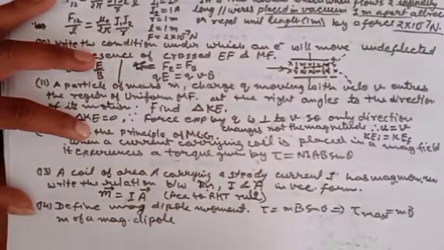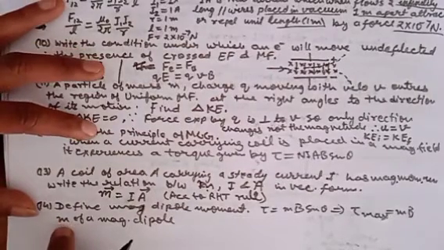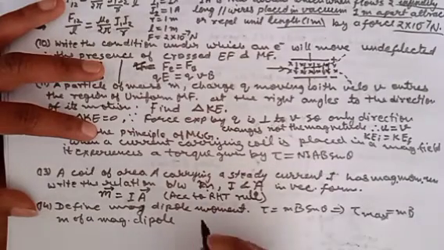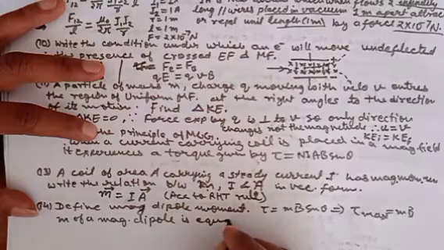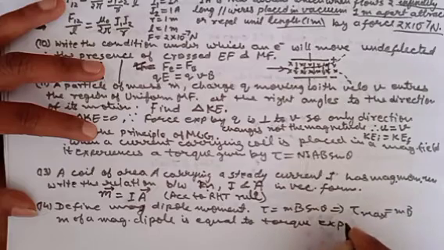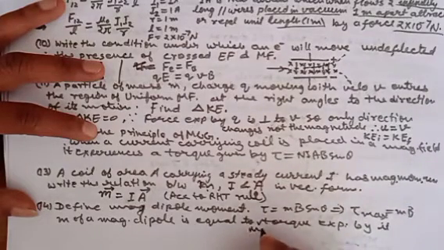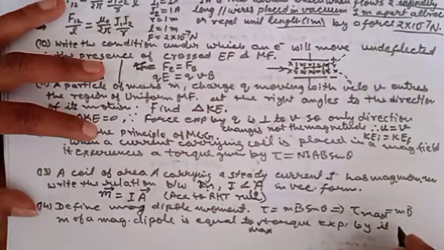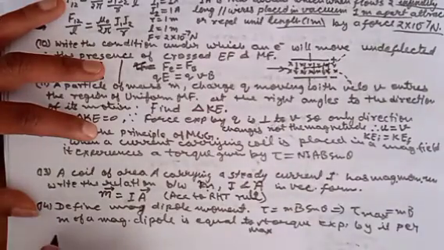I just assert these things, don't just copy whatever I am writing. You have to write it in full. Magnetic dipole moment of a magnetic dipole is equal to the maximum torque experienced by it per unit external magnetic field.